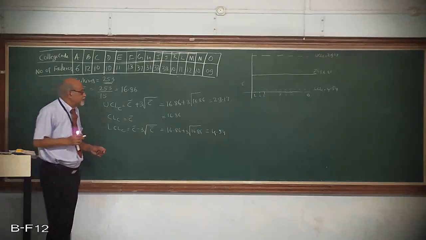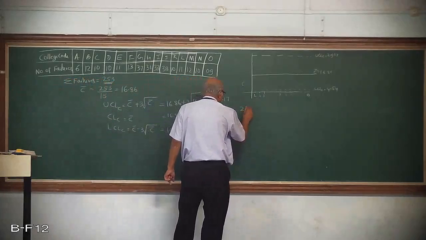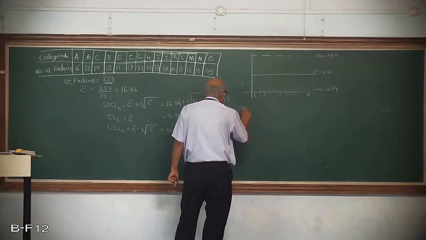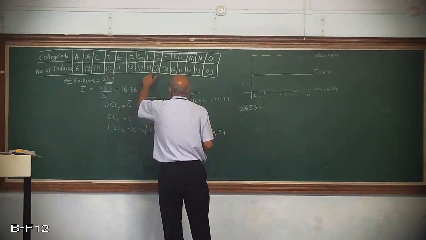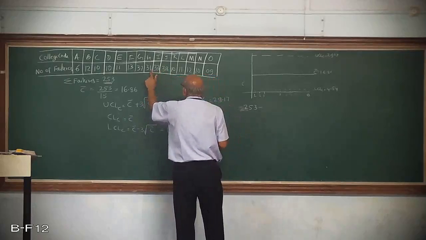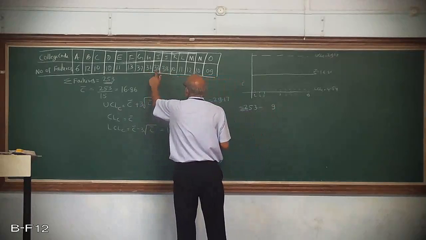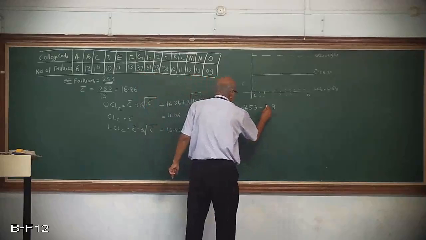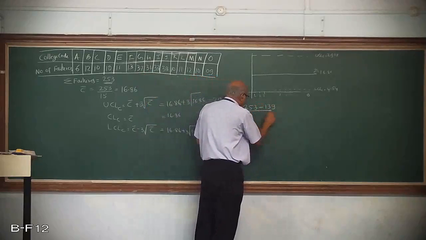So now the fresh values are going to be how much? The total number of failures was 253. Now the number of failures will be 253 minus 37 minus 31 minus 33 minus 38, that is 253 minus 139, and the number of colleges is 15 minus 4, that is 11.